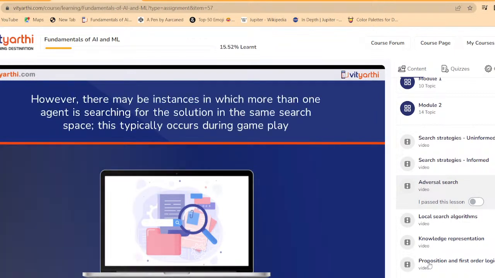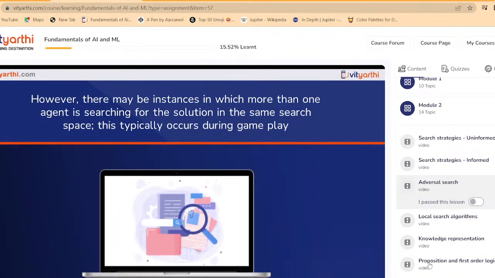However, there may be instances in which more than one agent is searching for the solution in the same search space. This typically occurs during gameplay.